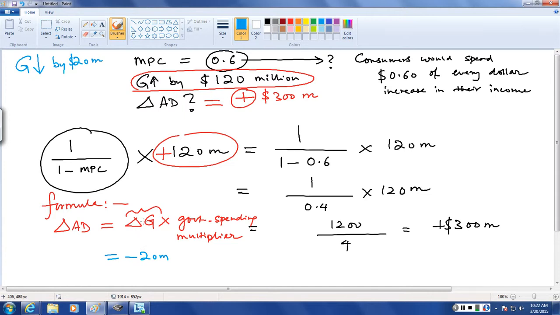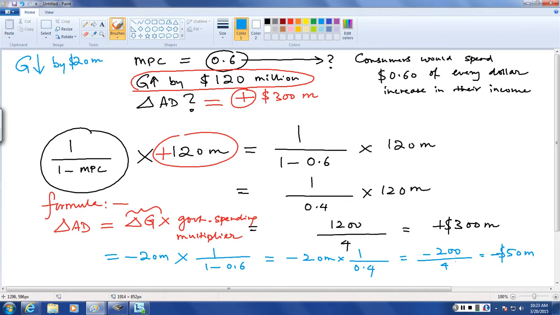Am I correct? And then I simply multiply by 1 divided by 1 minus 0.6. And what does that give us? Minus 20 million times 1 divided by 0.4. And you could write this as negative 200 divided by 4, which is negative 50 million.